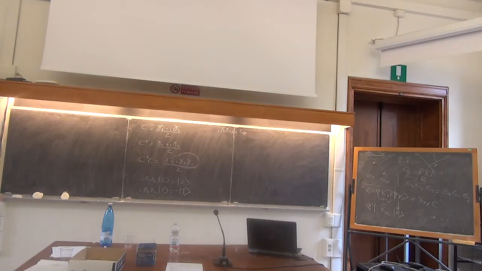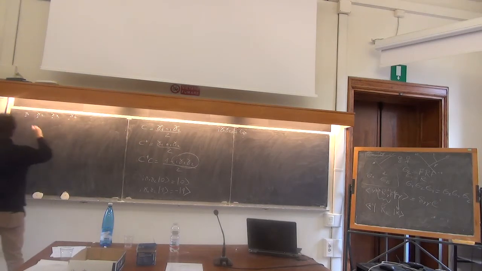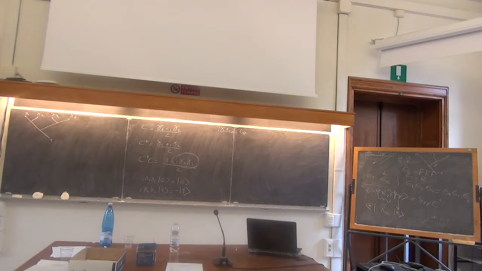Overall, they must be in the even sector. So I will have gamma 1, gamma 2, gamma 3, gamma 4, and I choose the following basis to represent them.